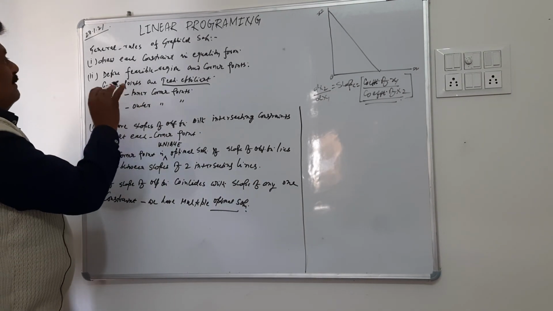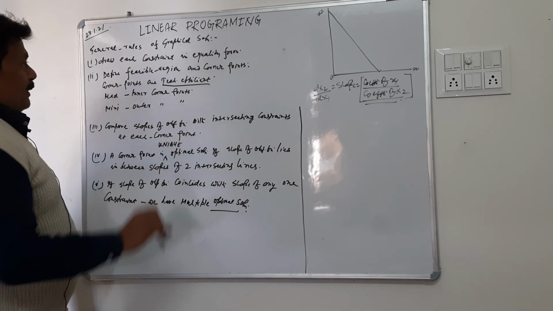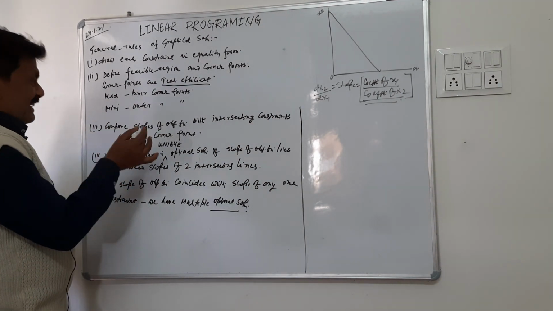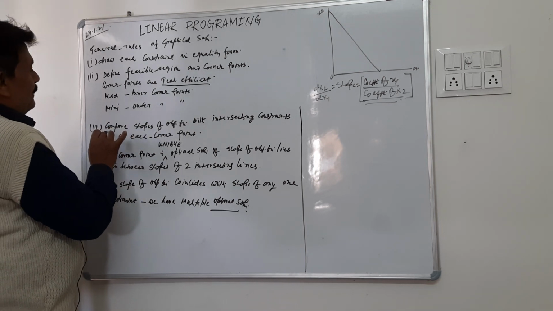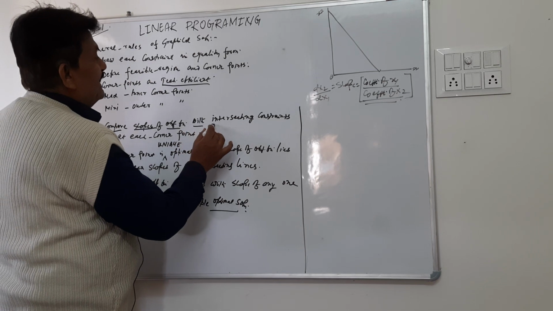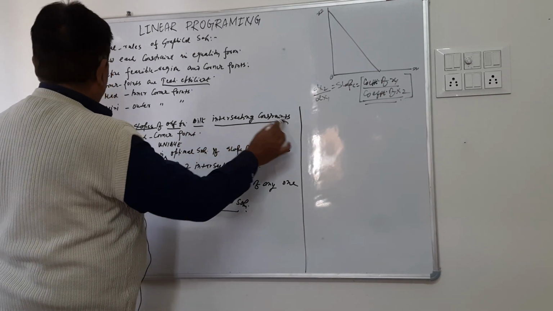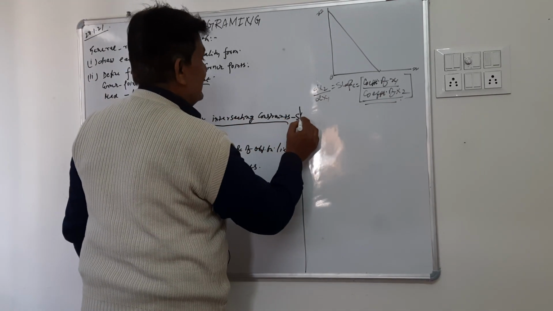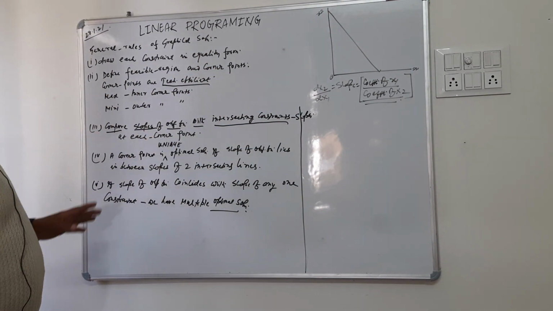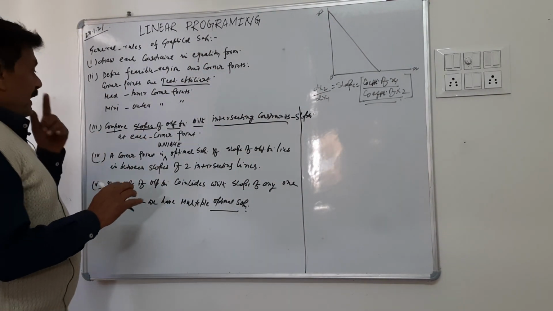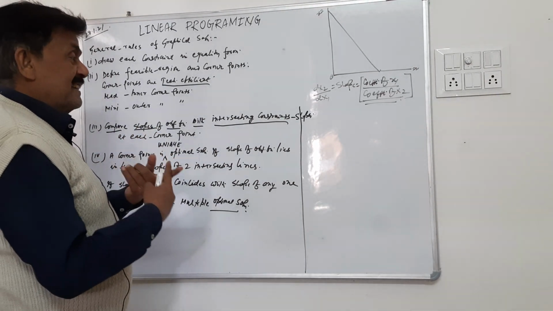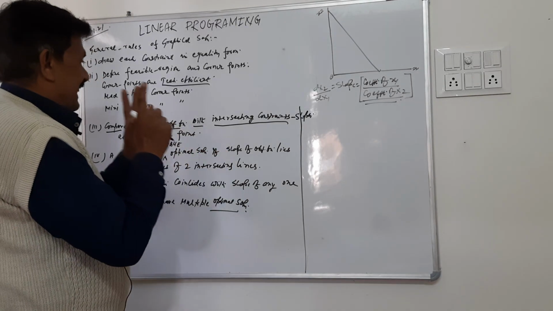When we have found the feasible region and all the corner points, the next point says that at each corner point we compare the slope of the objective function with the slopes of the two intersecting constraints, or two intersecting lines.